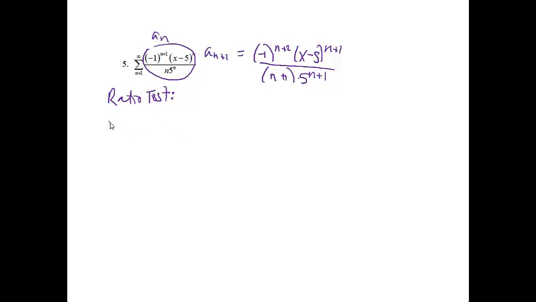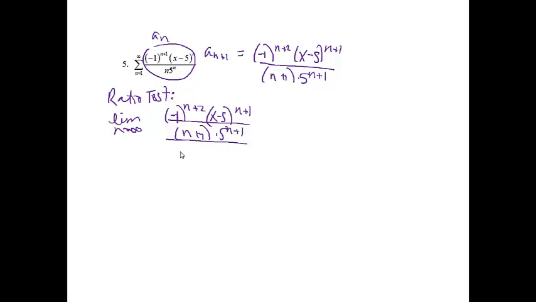All right, so now we're going to find the limit as n approaches infinity of a sub n plus 1. So negative 1 to the n plus 2, (x minus 5) to the n plus 1 over n plus 1. This just looks like it's getting a little messy.